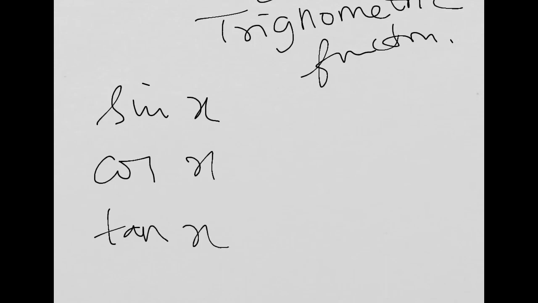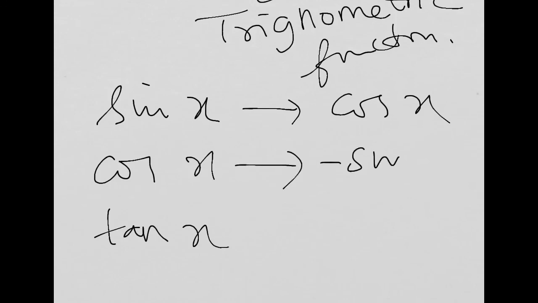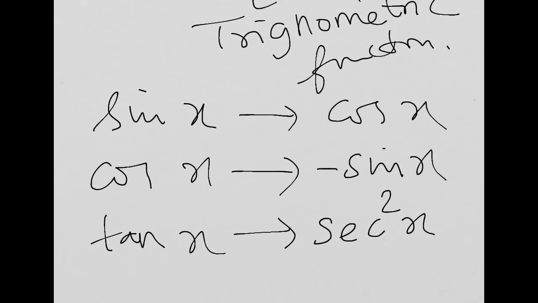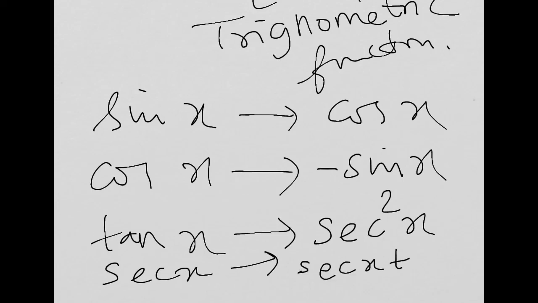Know that a sine something on differentiation is cos something. That is, sin x on differentiation is cos x. Cos x on differentiation is minus sin x. Tan x on differentiation is secant square x. And let me add one more to it. Secant x on differentiation is secant x tan x.